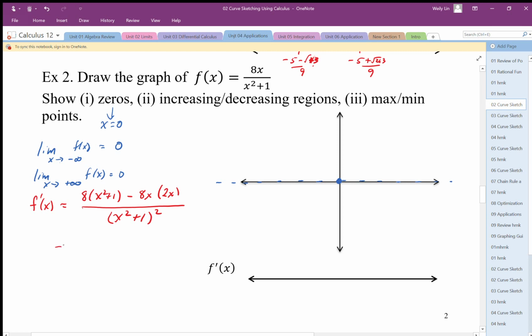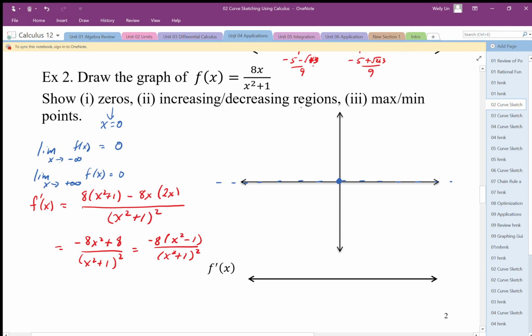So I'm going to end up with -8x squared plus 8 all over (x squared plus 1) squared. Okay, when I factor out the negative, I'll factor out the -8. So that becomes -8 bracket x squared minus 1 over (x squared plus 1) squared.